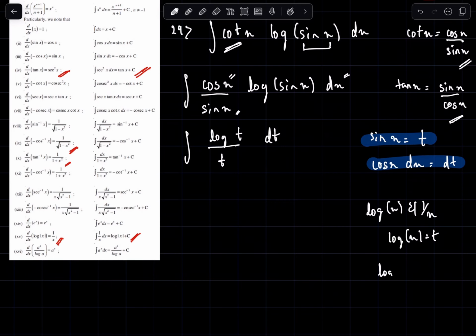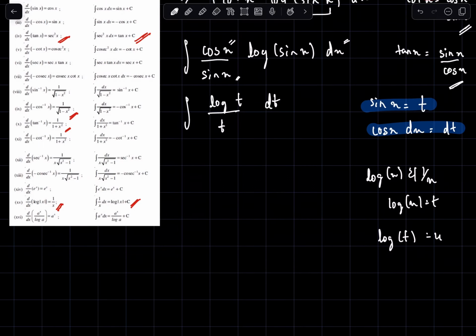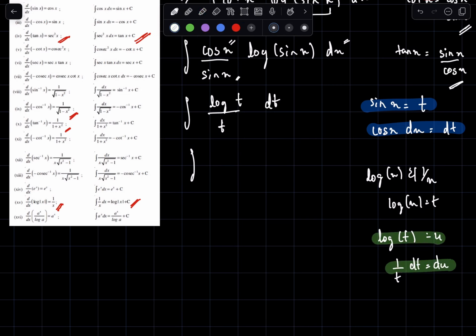So we take log of t is equal to u. Now differential of log is 1 over t, dt is equal to du. So let's substitute integral. So this is a new one, which I will highlight in green. I think that's better. Okay. Let me rewrite the equation so it's easier to understand.